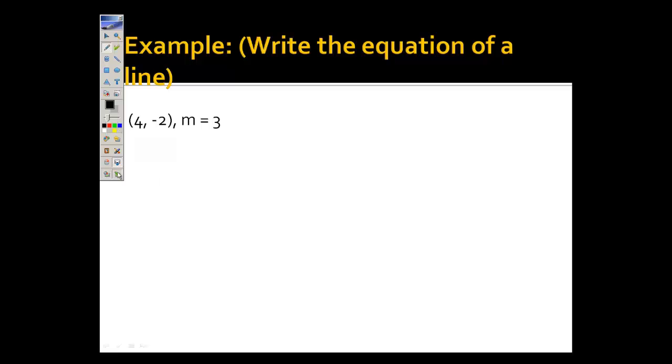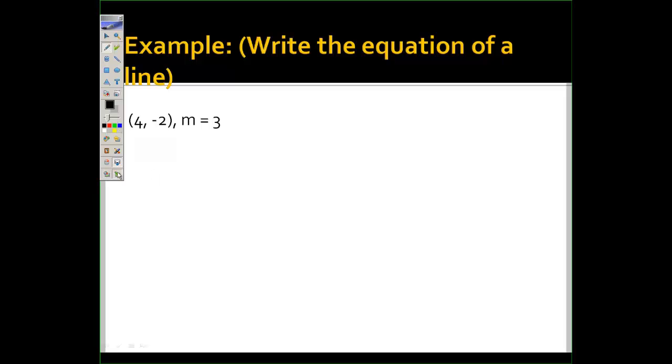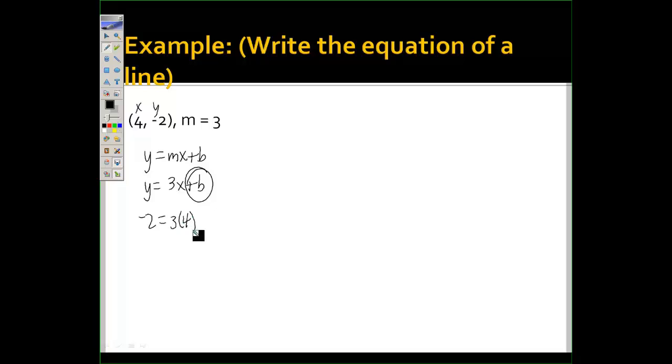So let's look at another one here. They give us, once again, a slope and a point. So if I have the equation y equals mx plus b, I know that I have y equals 3x plus b. But the problem is I need a number for this b value. So let's go ahead and plug in my x and y that they're giving me. -2 equals 3 times 4 plus b.